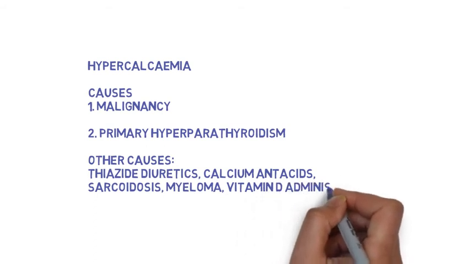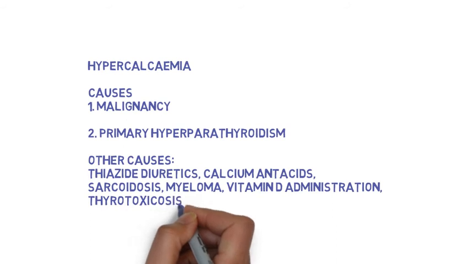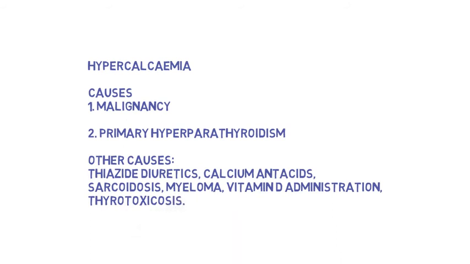And malignancy is probably the most common cause in hospital for high calcium. And another common cause is primary hyperparathyroidism, which is probably the most common cause outside hospital. There are other causes of high calcium, such as sarcoidosis, myeloma, and a lot of vitamin D administration.